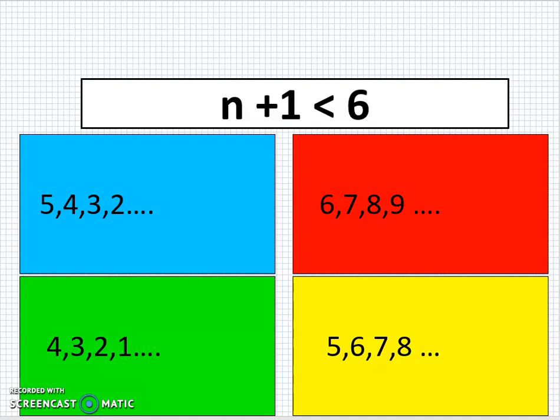So if you had an integer number and you added 1, what would be the next number it could be before it equals 6? It would be 5. Okay, so the n wouldn't be 5 because you'd be adding 1, so it'd have to be 1 less than 5, so it'd have to be 4 and anything below that. Okay, so we have a look here, which list includes 4 and any number less. It's going to be the green one here.